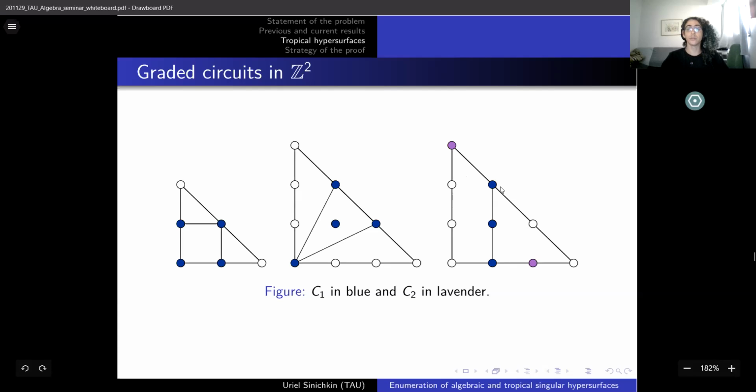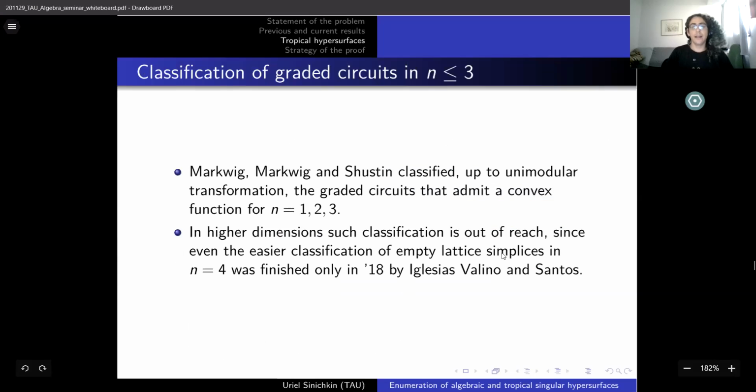Okay, so I put them here. In low dimensions, graded circuits were essentially classified, without this language of graded circuits, by Marquardt and Schustein, up to unimodular transformations, for all dimensions up to 3, with additional requirements that they admit some convex function, which are the only ones that can appear in our case.